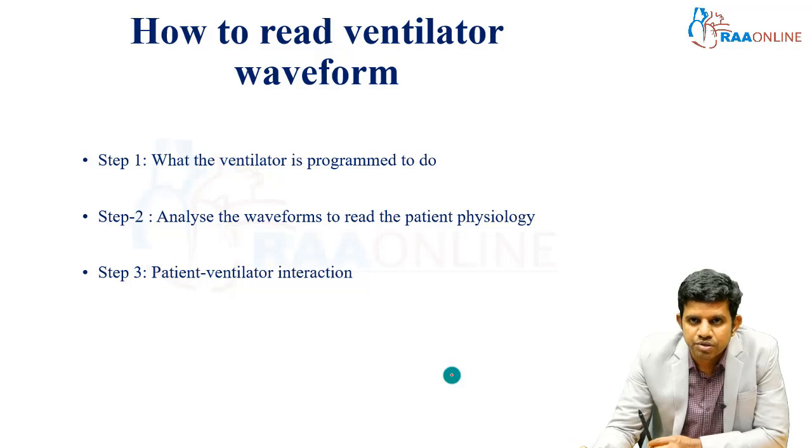If it is pressure control, you set the pressure on the ventilator and it will be constant irrespective of the patient's resistance and compliance. So first you should know the mode and how that mode behaves. This is very important. It is step one when you start reading the ventilatory waveform.